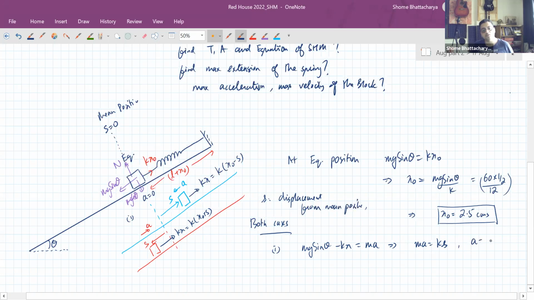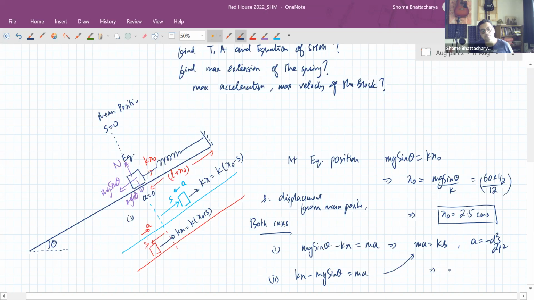And a, you can see, is minus d2s by dt square. In the second case, you'll write kx minus mg sine theta is equal to ma. That will be the same result.